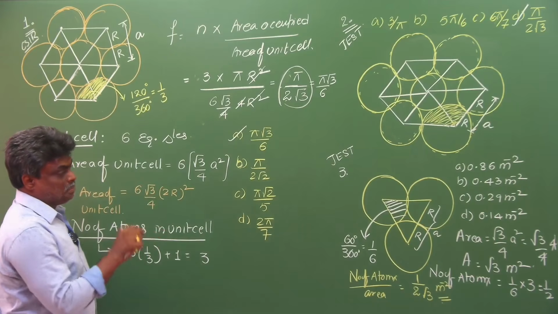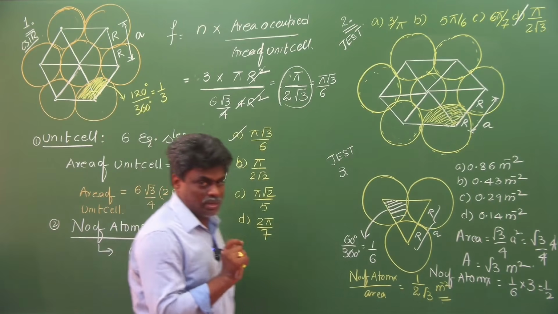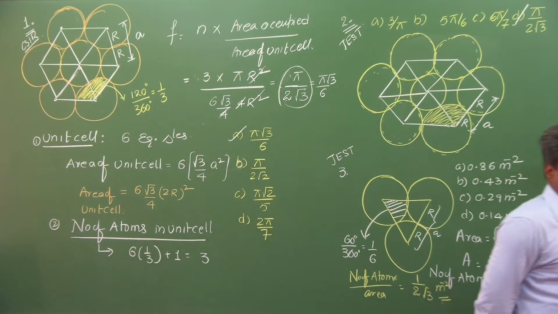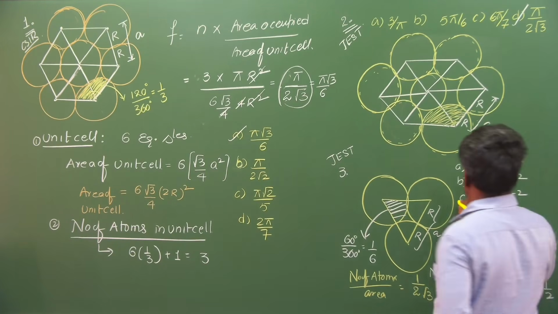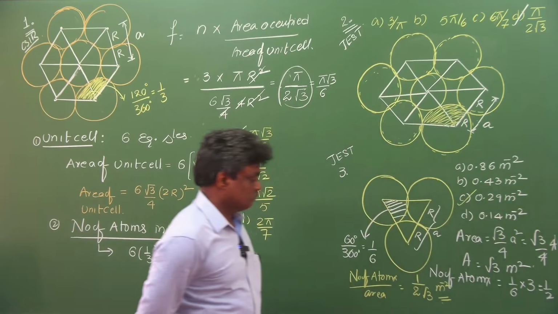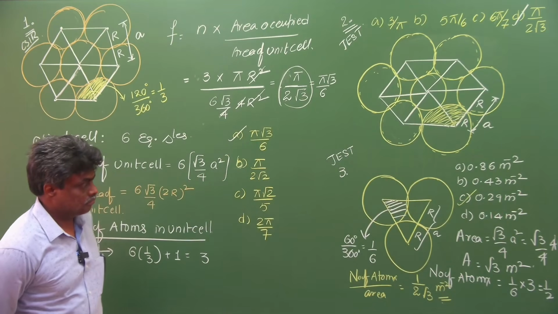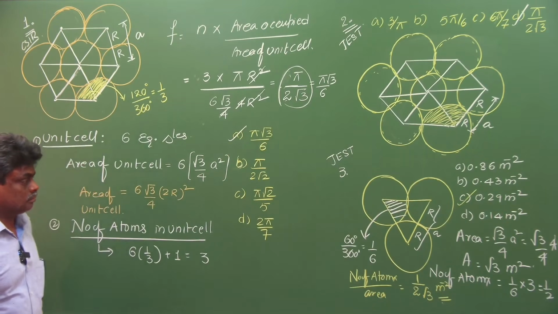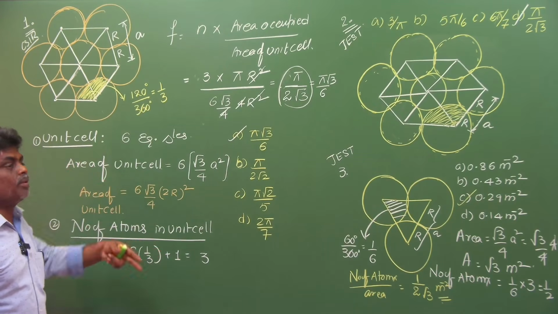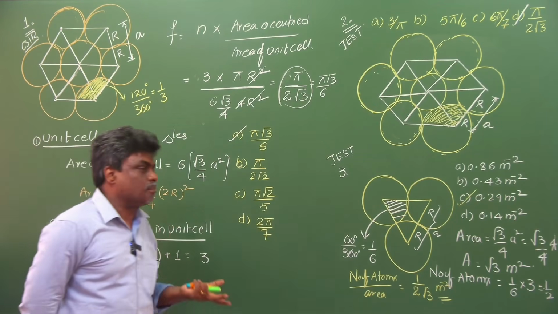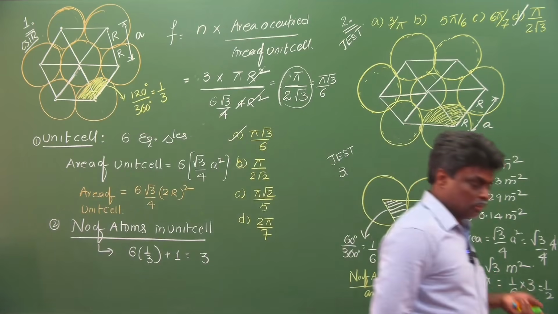Three questions are based on the same concept. That is what I want to say. If you want, you can take the unit cell also; you will get the same answer. No need to take it, because we are simply finding the number density. Then no need to go for the unit cell.